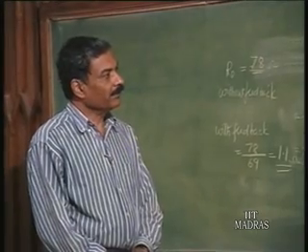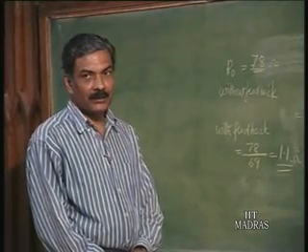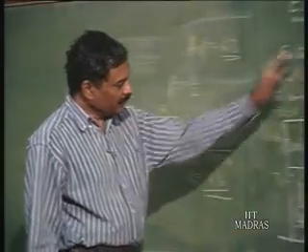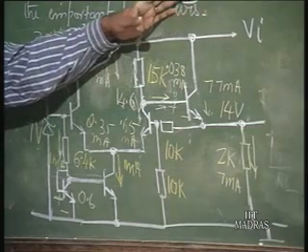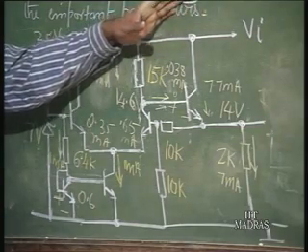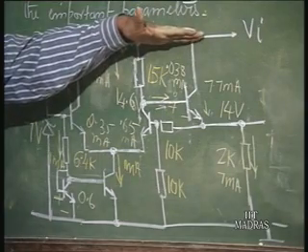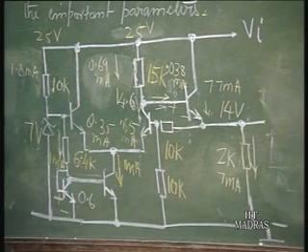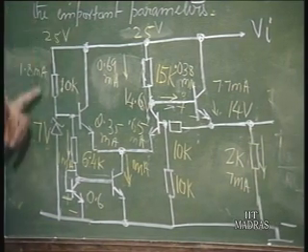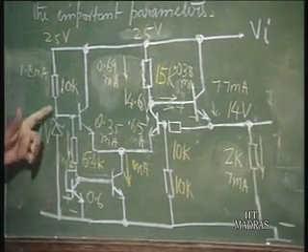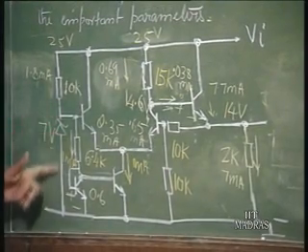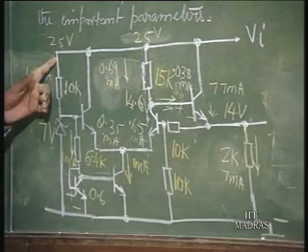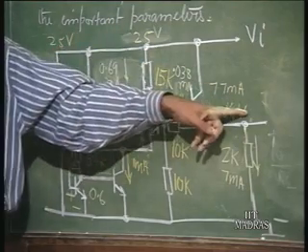You can also evaluate the ripple rejection by replacing the whole by its equivalent circuit, varying this voltage by a small extent and finding out what this voltage is. Or, most of the ripple rejection occurs because when there is a ripple, there is a transfer here which is going to be Rz divided by Rz plus 10K, and that will simply be multiplied by a factor of 2.